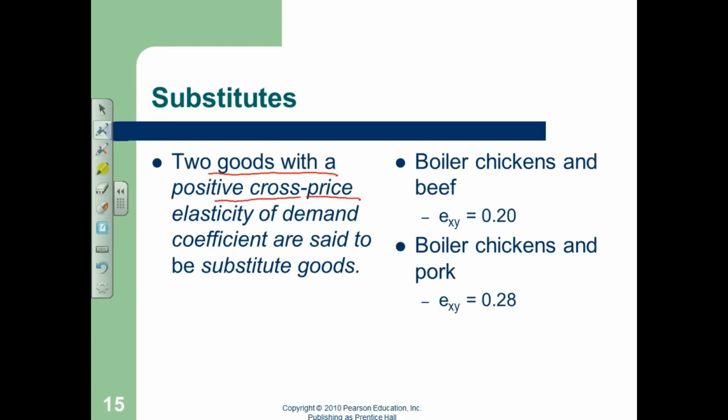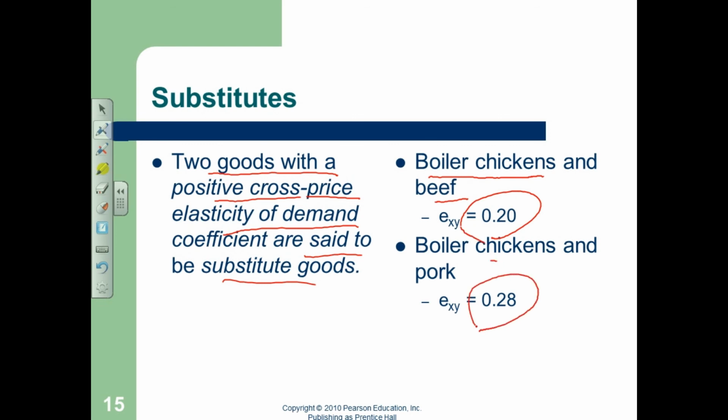So here is an example. Again, it says two goods with a positive cross-price elasticity are said to be substitutes for one another. The example given to you is broilers, chicken and beef, a positive cross-price elasticity.